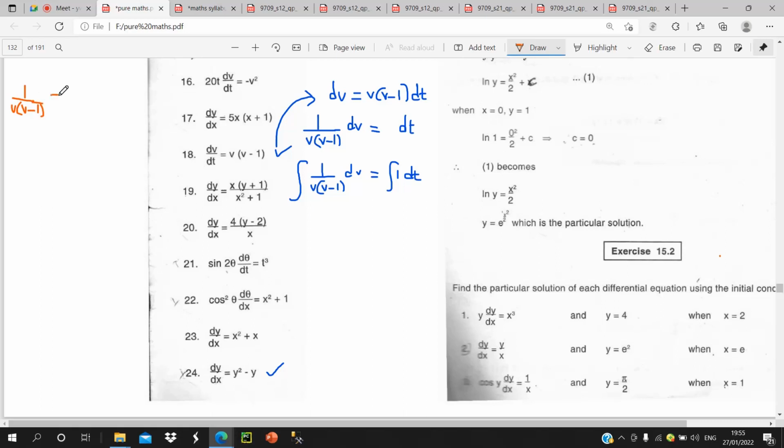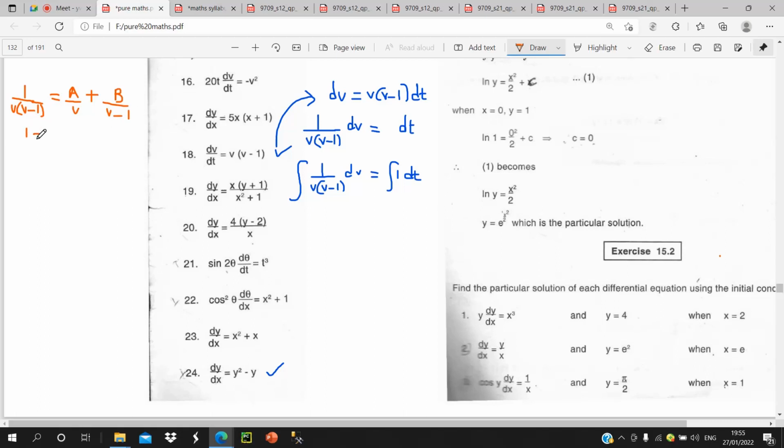If you partialize this, what are you going to have? It's A over v, right? Yes. You know partial fractions? Yes, I do. And B over v minus 1.